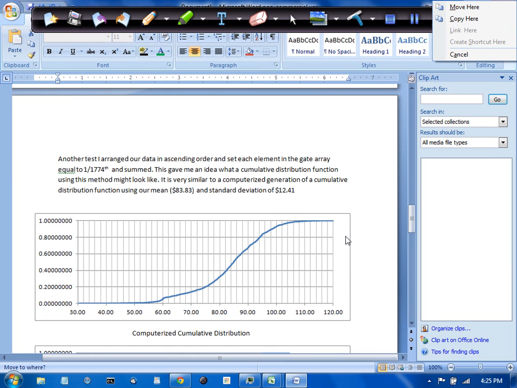And then to test our data, I did what they call a cumulative distribution function. You can read my stuff, I'll post it. But it means I rearranged all our gates, the 1,774 of them, and put them from the lowest to the highest, and I made them into 1 over 1774 each, and I added them, and that's what a cumulative distribution function is.